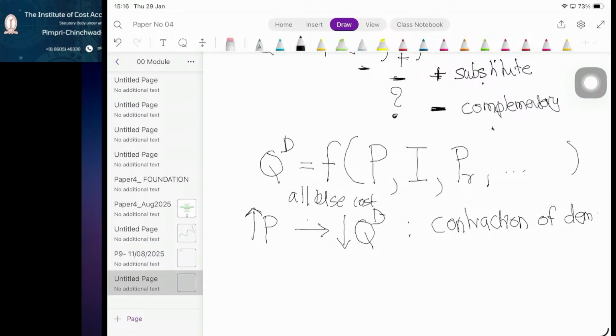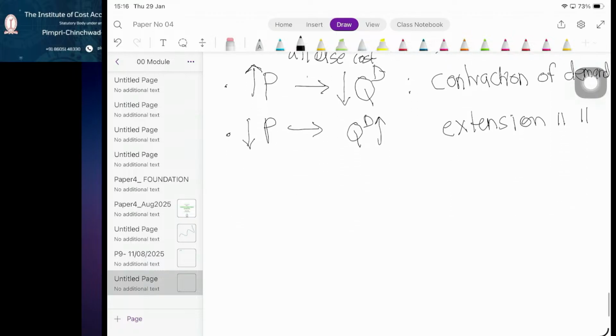This is called contraction of demand, and all else remaining same, if price decreases, then the quantity demanded will increase. This is called extension of demand. Okay, all of you agreeing with this?